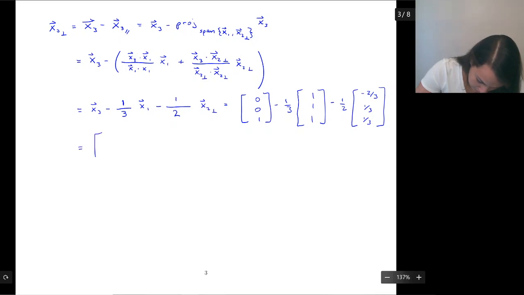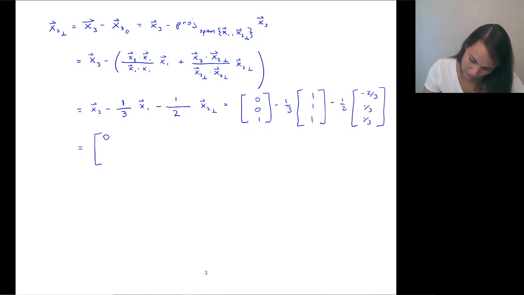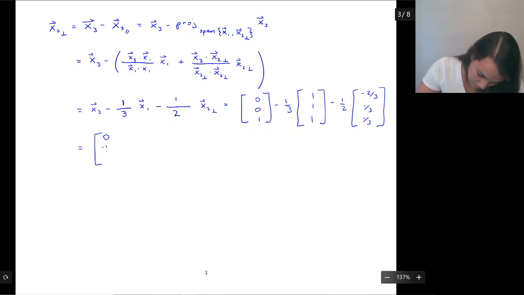And then that ends up equaling, let's see, that is a 0, and then a 1/3 minus a 1/6 is a negative half, and so that's like 1 minus a half for the bottom one, so positive half.